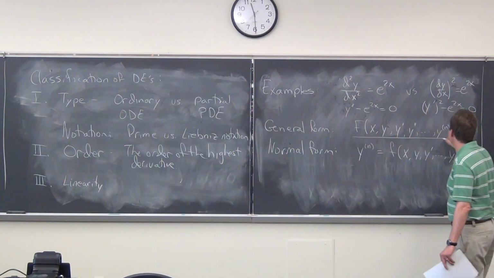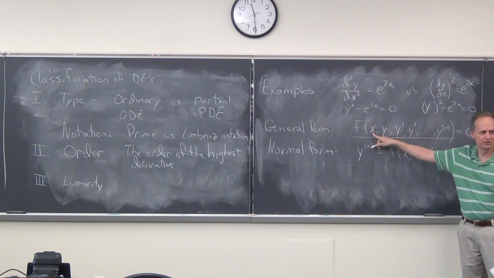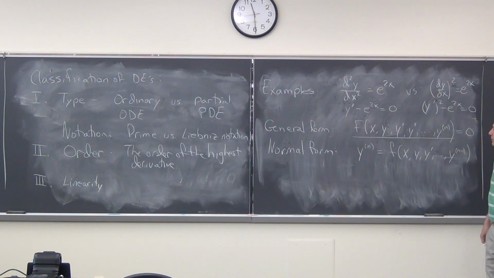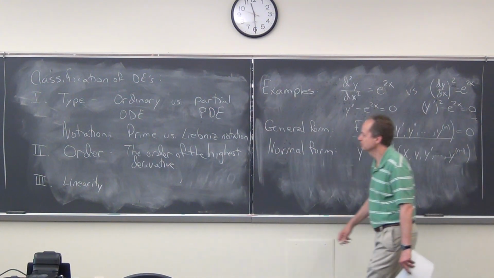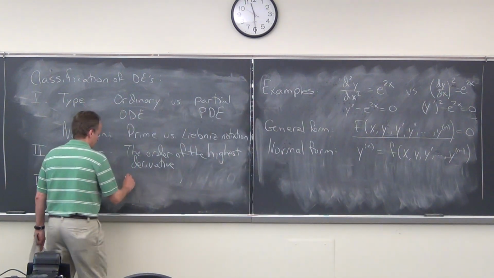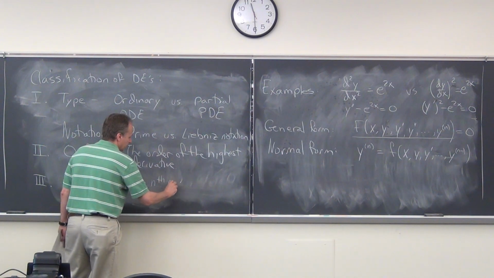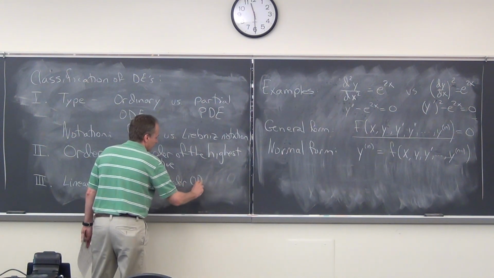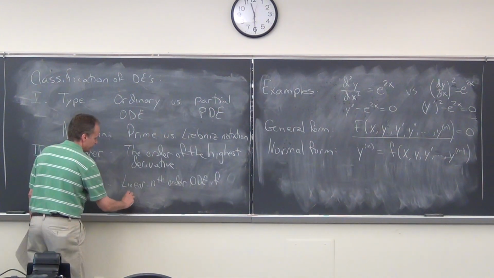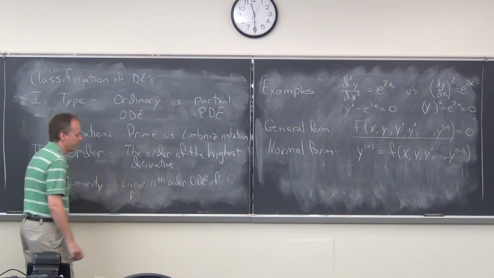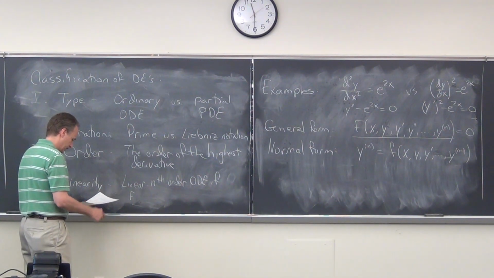If this function, capital F, is linear in y and its derivatives, it doesn't have to be linear in x, then we refer to it as a linear nth order ordinary differential equation, if the function F that I've described over there is linear in y and its derivatives.